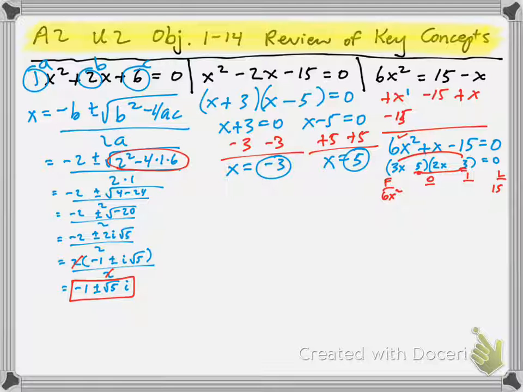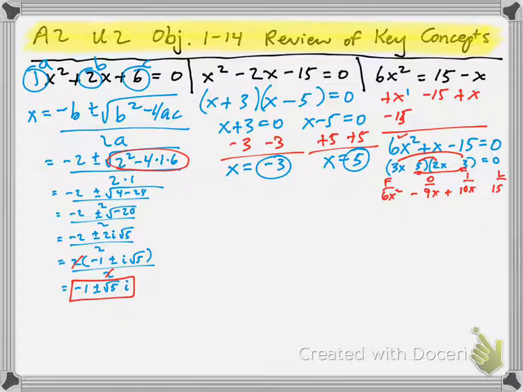The outsides together give us 9x, and the insides together give us 10x. So if we have a positive 10x and a minus 9x and a minus 15, then we add these two terms together and we get positive x. So we found our factors as long as what multiplies together to give us 10x is positive. So the plus sign goes there and the minus sign goes there.